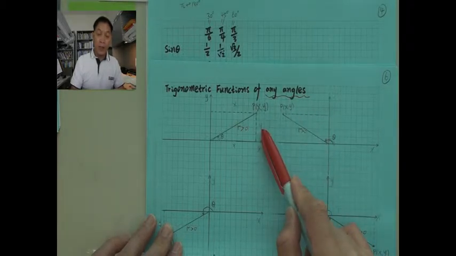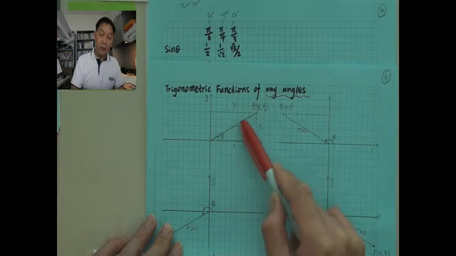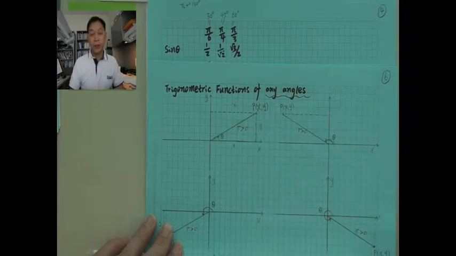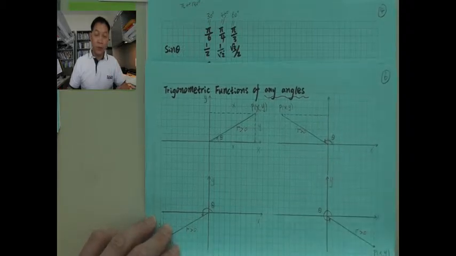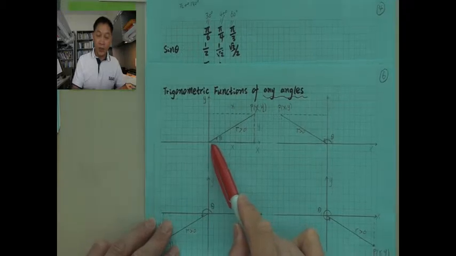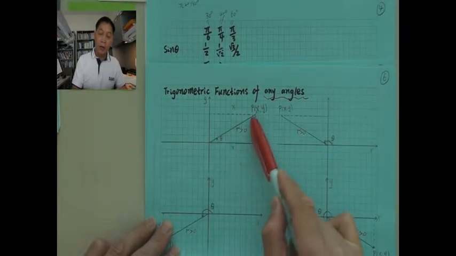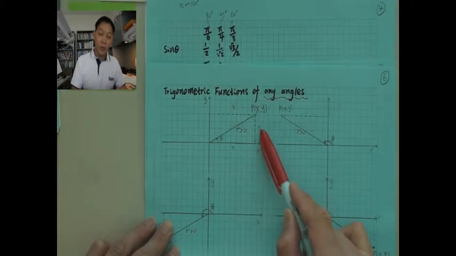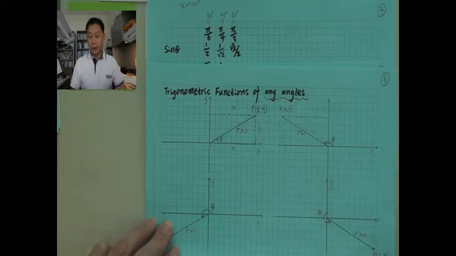Then the sine will be defined as y over r, and of course cosine is adjacent, x over r, and tangent is y over x.